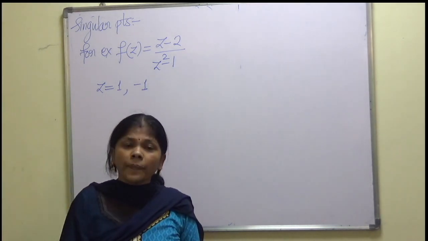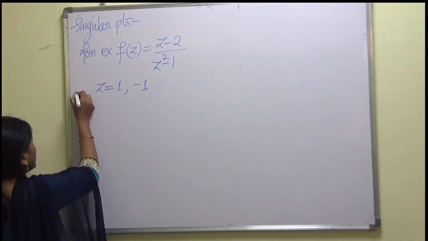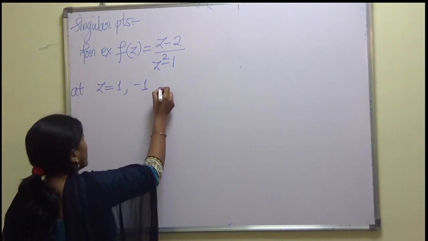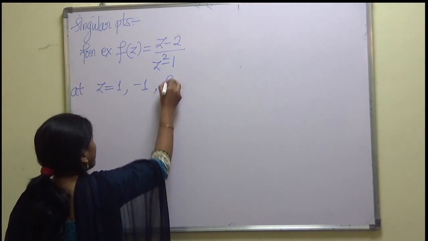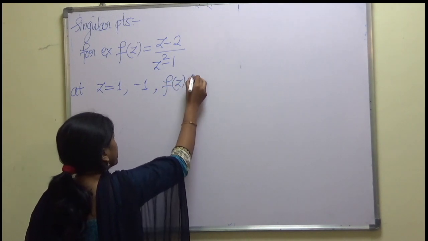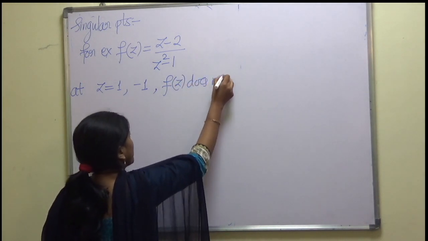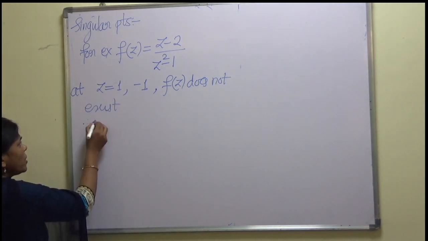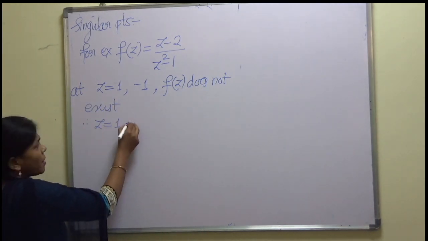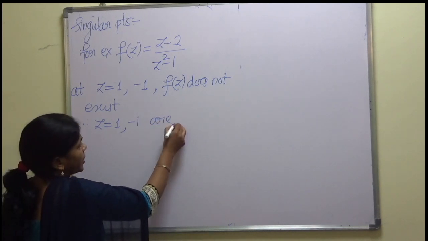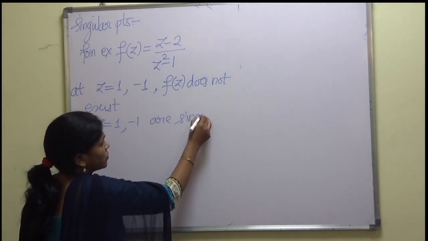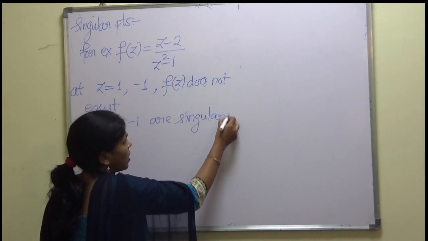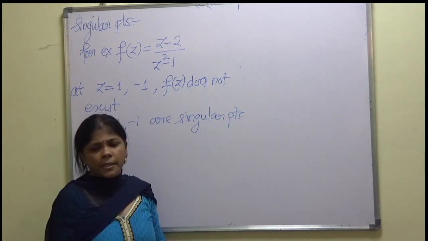So at z equal to 1 and z equal to minus 1, f of z does not exist. Therefore z equal to 1 and minus 1 are called singular points.